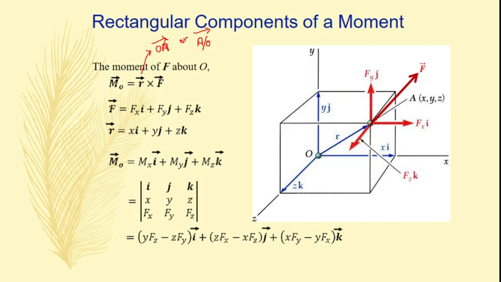Now if the force vector F is Fx i plus Fy j plus Fz k, because Fx, Fy, and Fz are the components in each direction, and if the R vector, that is the OA vector, is such that the coordinate of the origin is 0, 0, 0, and the coordinate of point A is x, y, and z, then automatically the position vector of point A with respect to point O, that is the OA vector, is x2 minus x1, that is x minus 0, that is why it is xi, y2 minus y1, that is y minus 0, that is yj, and similarly zk.